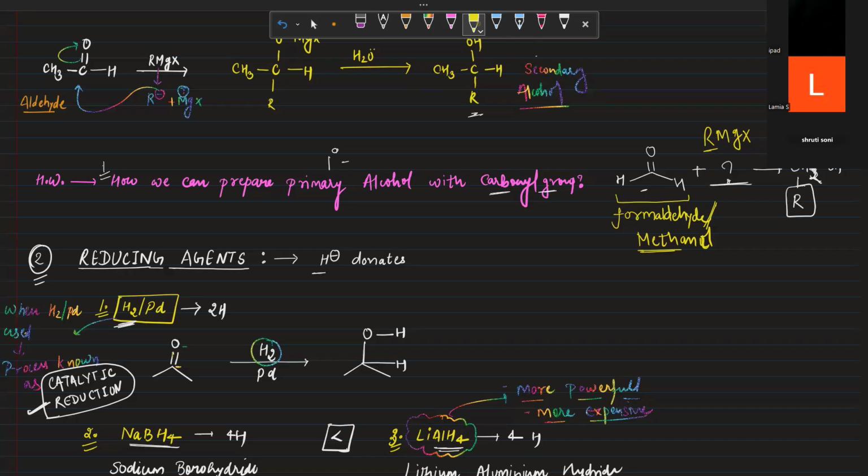Among hydration, oxymercuration-demercuration, and hydroboration-oxidation, which gives anti-Markovnikov addition? It's going to be hydroboration. Great.